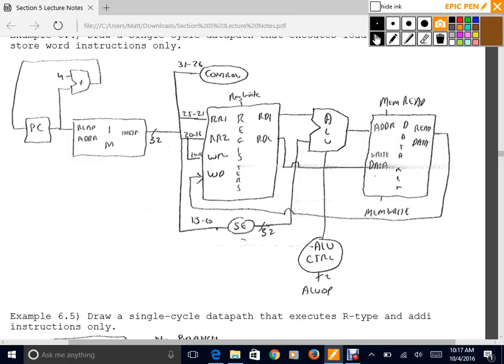You're taking two values from a register, performing some operation, and putting it in a register. Where does the result from an I type instruction go? To the register. So do I need data memory? No. This problem's kind of easy. So this goes to the write data. And read write, got the source, got the destination, got the controller, and done. I think I'm good.